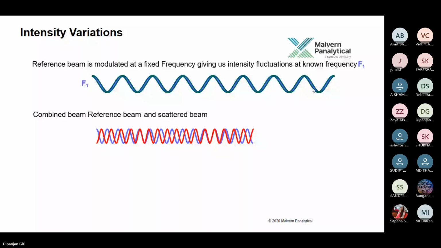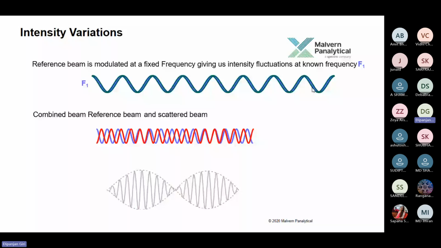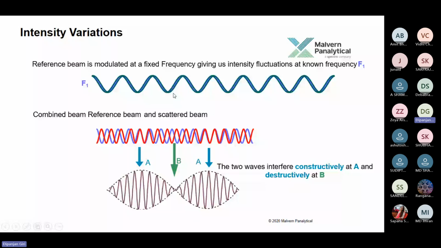So let's see how we are measuring the frequency shift by the existing known technique. If you combine this reference beam and the scattered beam, you will see this kind of two-wave interference, that is the constructive and the destructive one.